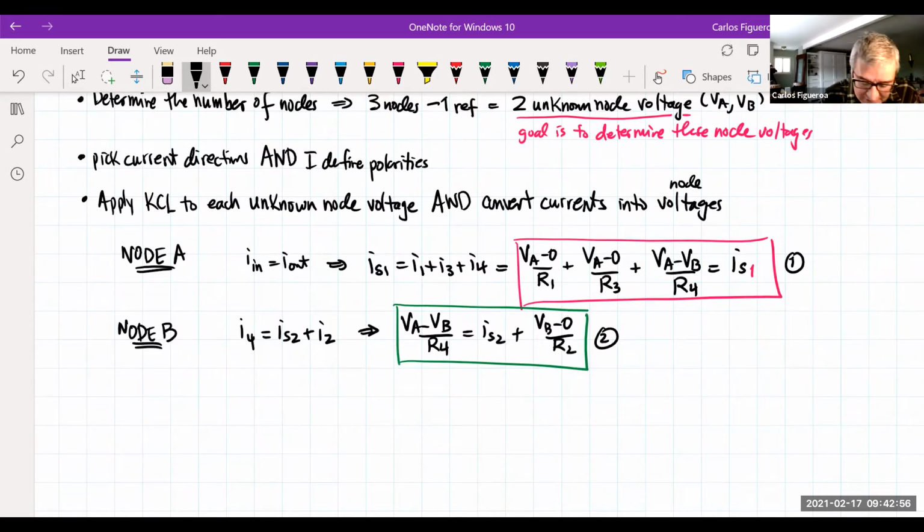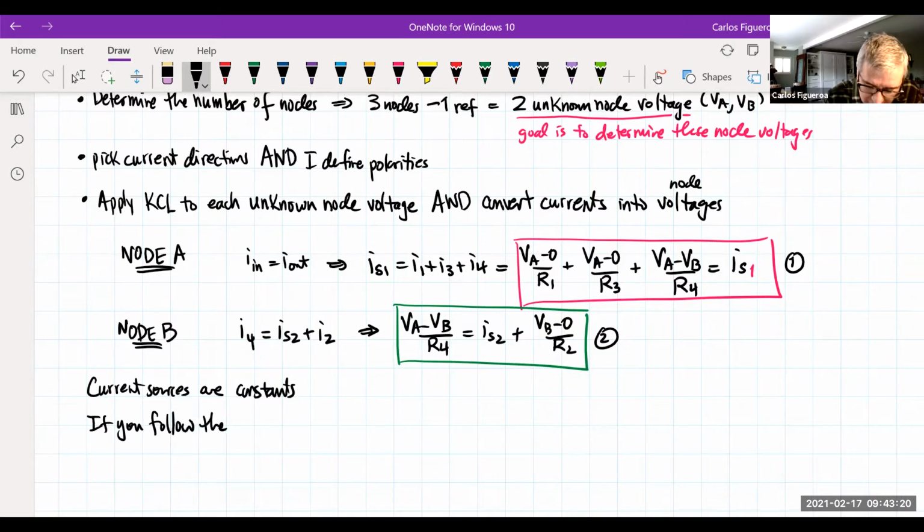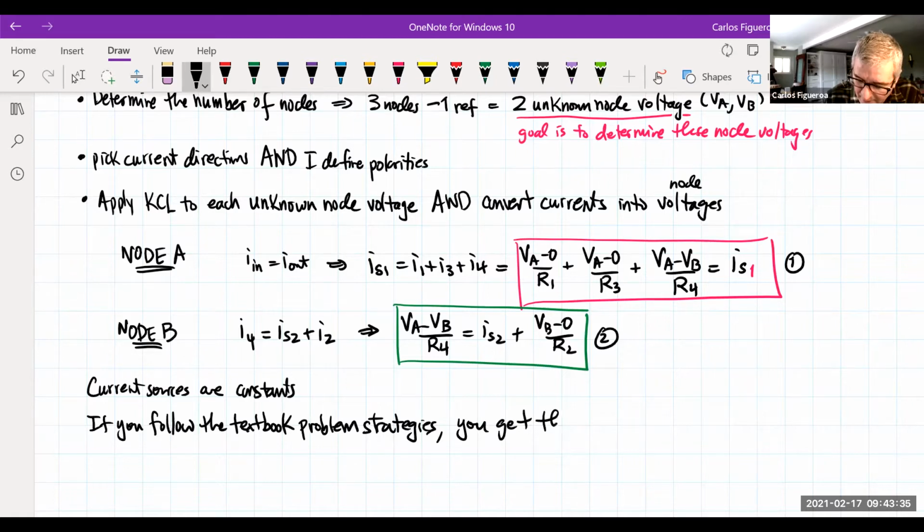So what's customary is that the current sources are constants. So we can sort of shove them to the other side here. And so what I want you to see here is that if you follow the textbook problem strategies, you get these two equations.